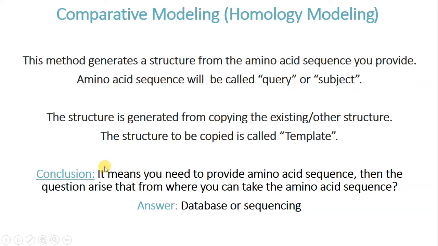From these two statements, what conclusion can we draw? It means you need to provide an amino acid sequence. Then the question arises, from where can you take the amino acid sequence? Maybe most of you don't know. The answer is you can take it from a database, or you can have it from your sequencing project.